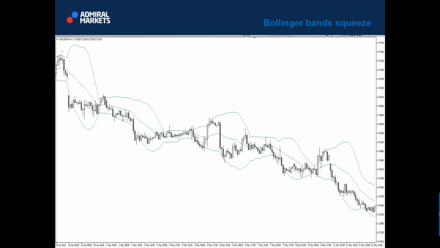So when we see a squeeze, we need to assume that there will be volatility following it, and the market would either go back into the squeeze or it will create a trend. So we can assume that a squeeze is actually a period of consolidation before the next move.